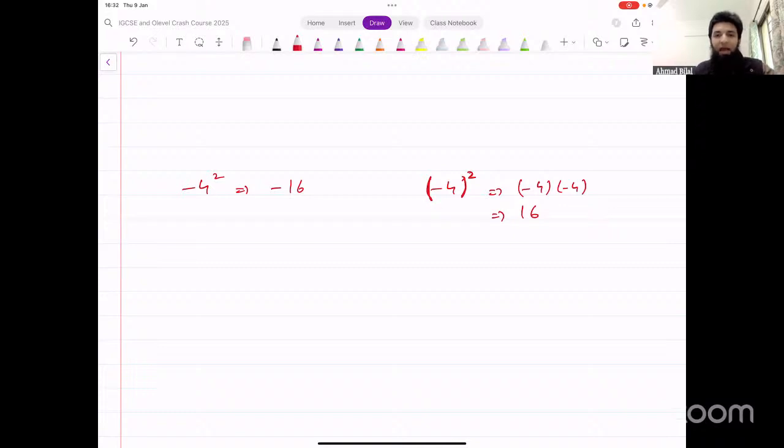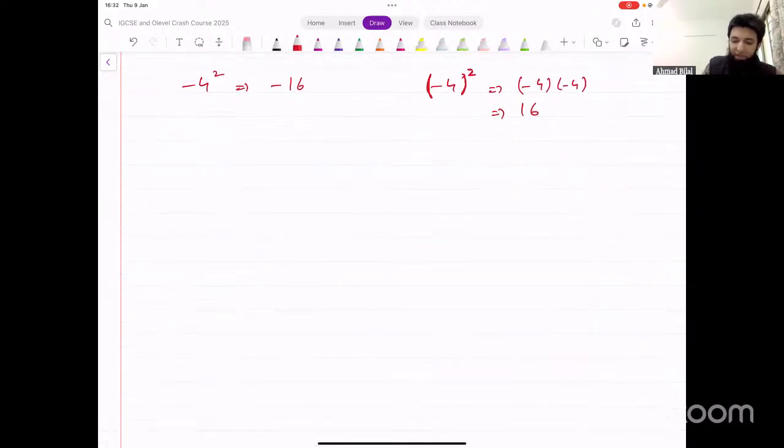Similarly, when you're adding or subtracting negative numbers, for example, if you have minus 11 plus 4, let's say, how do you do this? Number one, you have to go left to right.